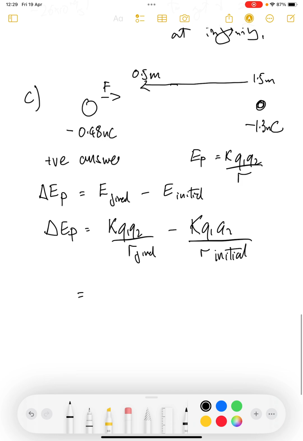So what we're going to say is that is K Q1 Q2. I take that outside the brackets, multiplied by 1 over R final minus 1 over R initial.